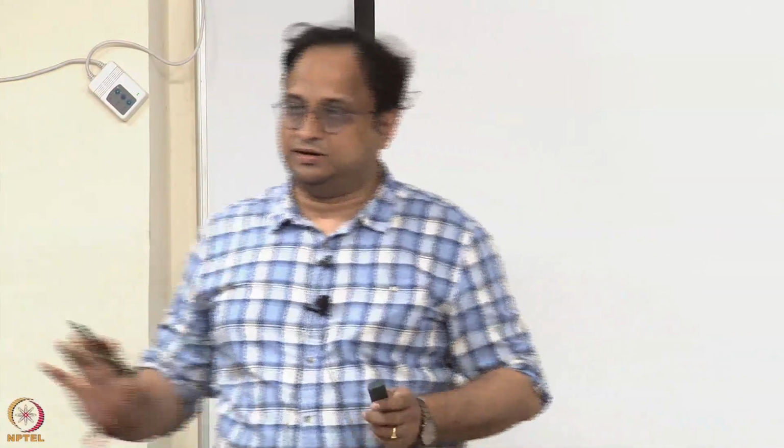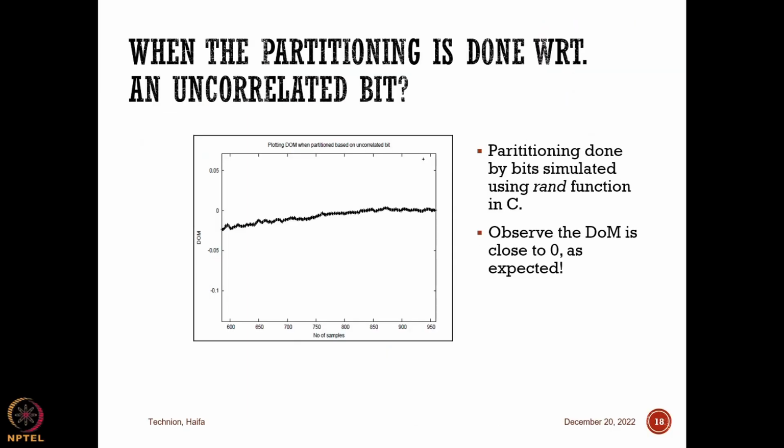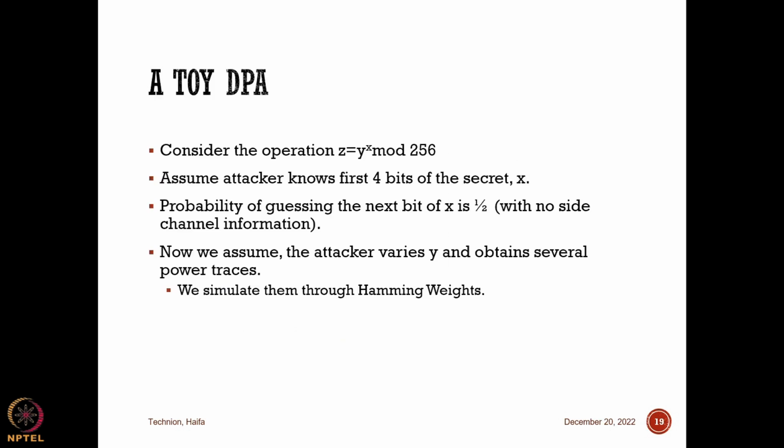It will still work. So this is the very simple idea of the entire thing. If you understand this, then you get the basics. This is an example where I try to do this splitting based on some rand function in C, where the difference of mean is pretty close to 0.